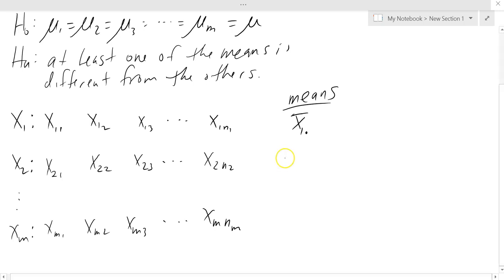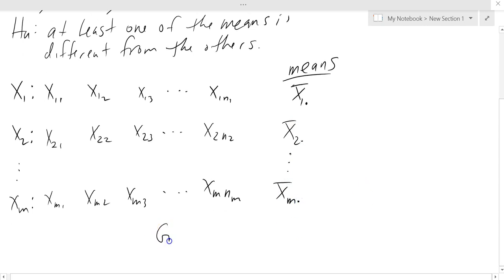Okay. So then you'll have an X bar sub 2 dot all the way down to X bar sub M dot. And then the last one's doubly stupid, my opinion, of course, because you're going to have an overall mean for the whole thing, and then you're going to put 2 dots because you're taking it over all of the categories and all of the individual entries in each category.